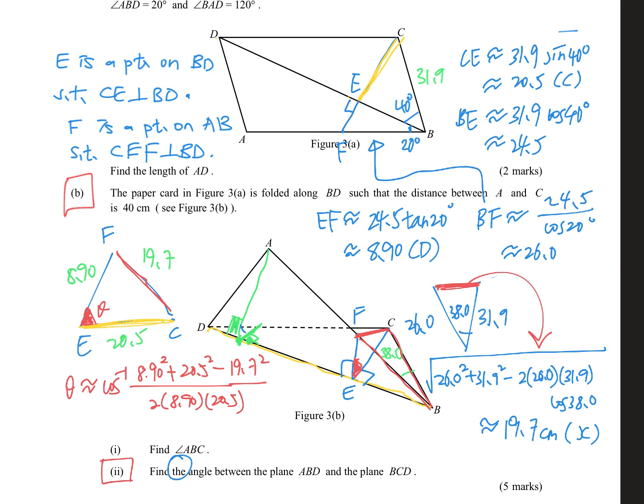So where's the 20.5, or 8.90? D. D squared should be. So be careful about this thing, when you have stored values into the calculator, don't mix them up.